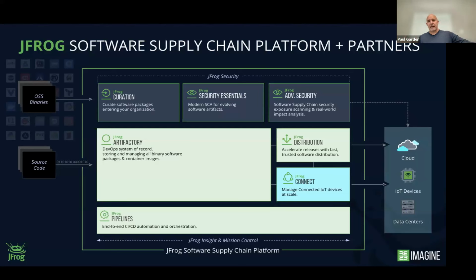So they not only have visibility of what's coming in, when something does come in and they need to do some remediation and get a new version or a different type, that could be expedited within a partner integration. And I think that's how you have to look at curation: it's an added value in the platform for a customer, but it's also an opportunity to have another data set inside an integration with the JFrog platform.